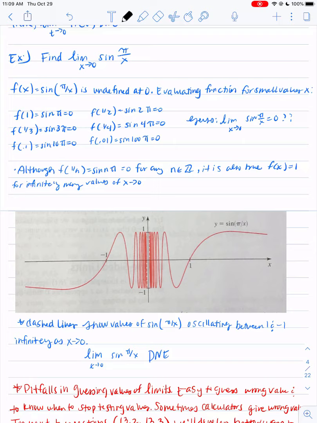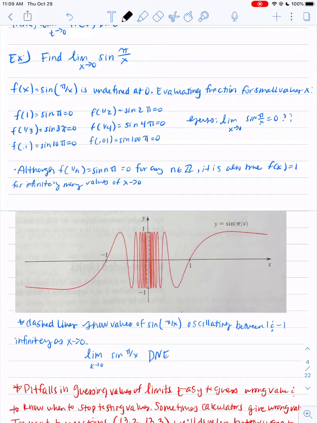However, although f of 1 over n equals sine of n pi equals 0 for any n in the integers, it is also true that f of x equals 1 for infinitely many values as x approaches 0. So maybe if our x isn't an integer reciprocal, it'll approach 1.